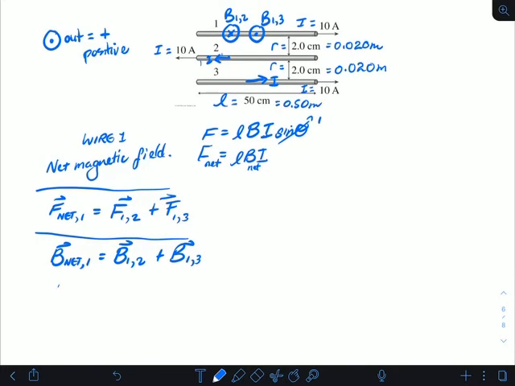B on 1 due to wire 2 is going to be equal to mu naught I over 2 pi r, and they're the same I in all cases, so we don't have to distinguish I1, I2.